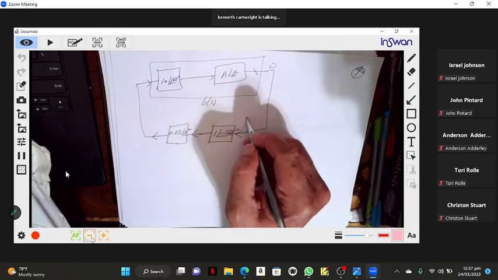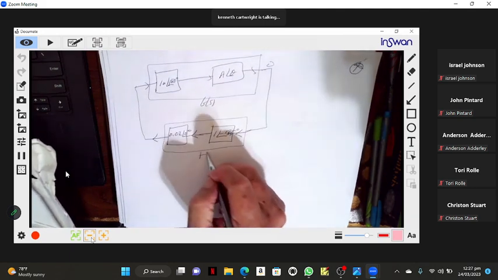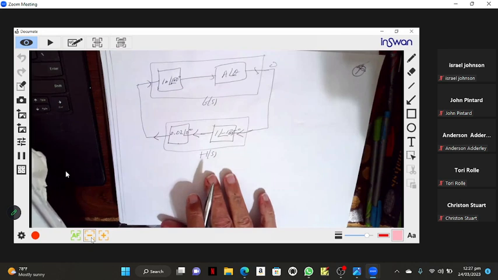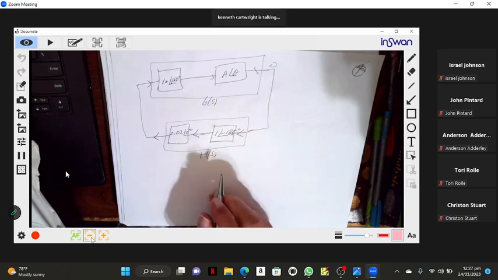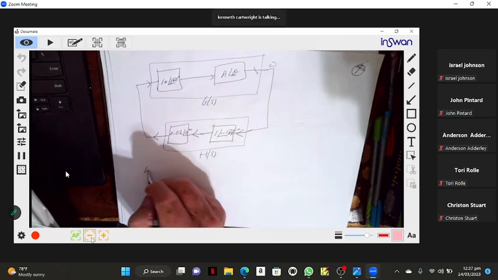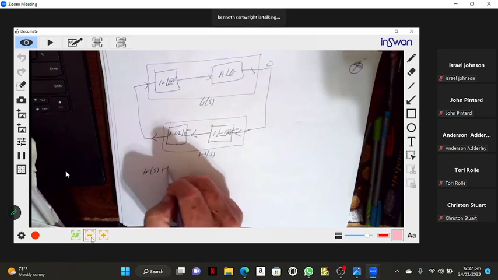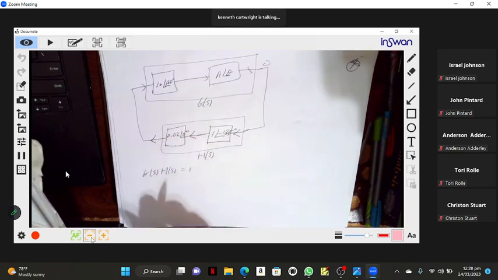So this part here is G of S, H of S. And we've already said, for oscillation, G of S times H of S must be 1.